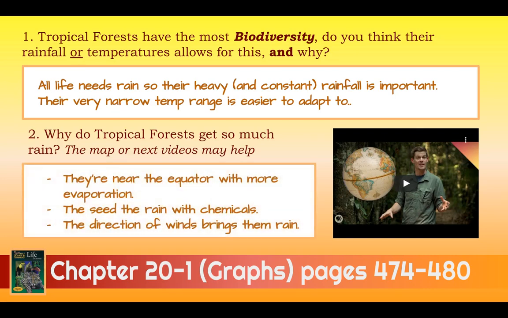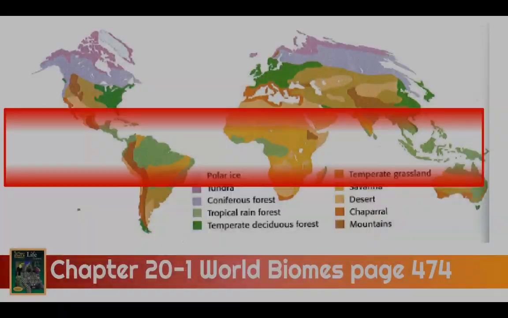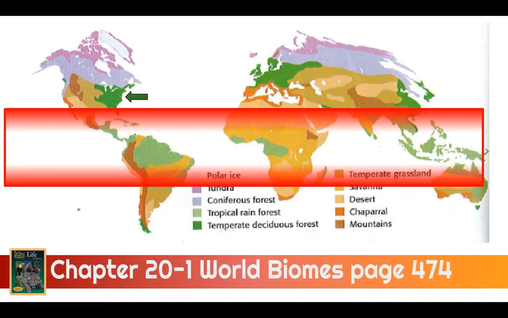Why do they get so much rain? Well, you can look at the video on the next slide, but being near the equator really helps with evaporation. The video we watched before talked about how they make their own chemicals to seed rain clouds and actually build their own rain. And the wind is blowing the right way. That's really critical, because if you're at the equator, we're not. We're right above the equator. That's why we're not tropical. Winter is an amazing thing.